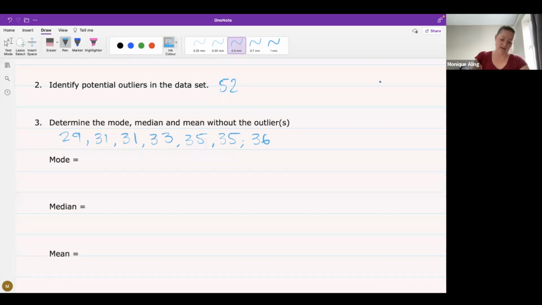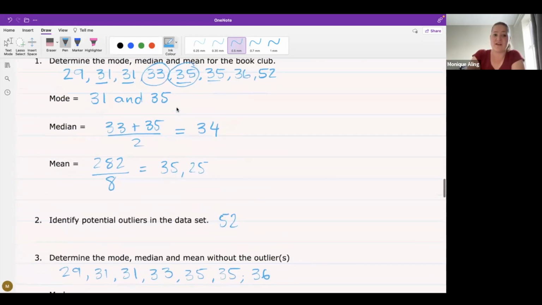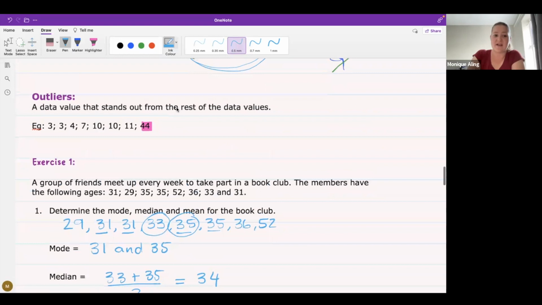Yes. Hi. Oh, I see the question. Hello. Hi, Buntle. I wanted to ask, what is an outlier? Okay, so I'm just going to quickly take you back to the definition we put up here. Can you see it? Yes, I can see it. Okay, so it's a data value that stands out from the rest of the data values.